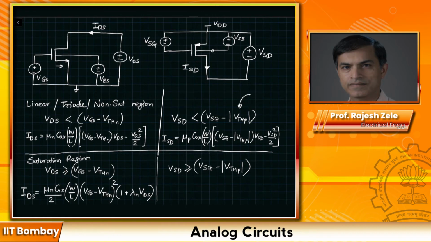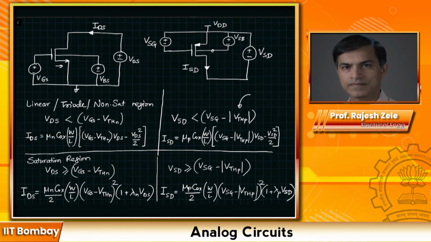And for the PMOS device, we can write it up as ISD equal to mu P Cox W by L divided by 2, and then VSG minus mod VTHP square, and then you have 1 plus lambda P VSD.